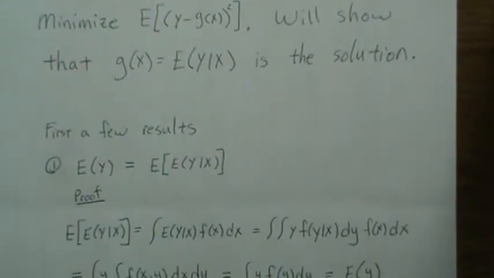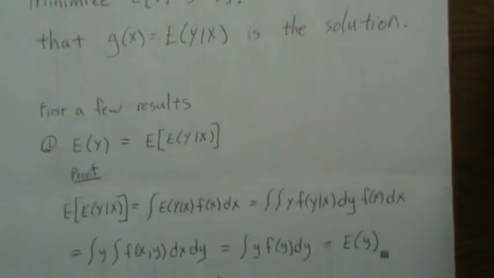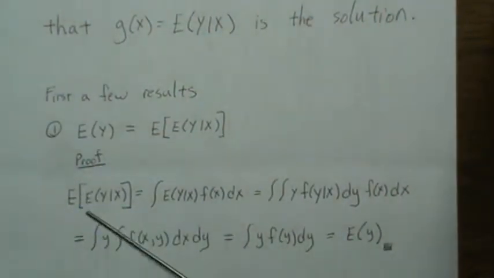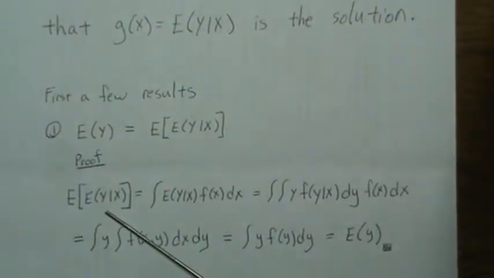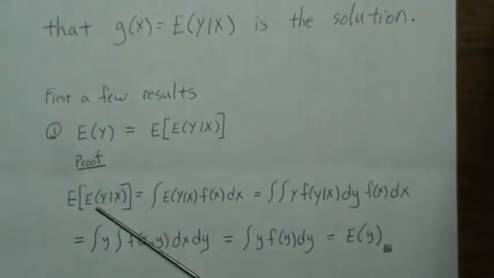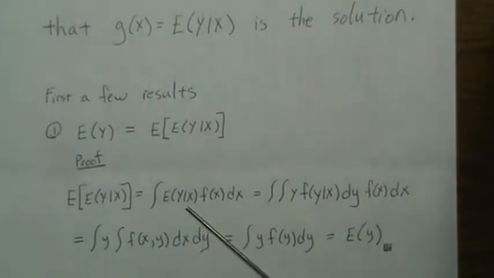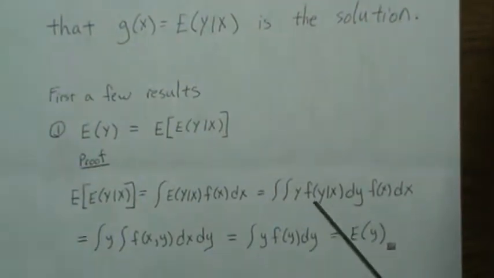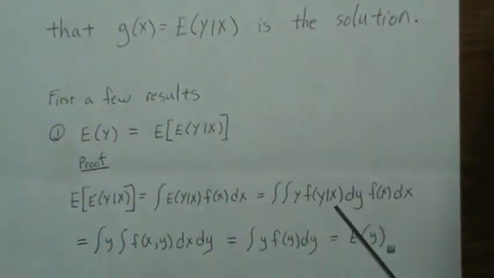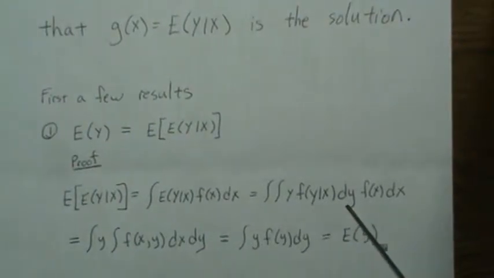And so a quick proof of that is, if we look at the expected value of this expected value, so this is a function of x, you plug it in, integrate it, times the density f of x, integrate over all possible x's. This right here is the expected value of y, the integral of y times f of y given x, integrated over y.